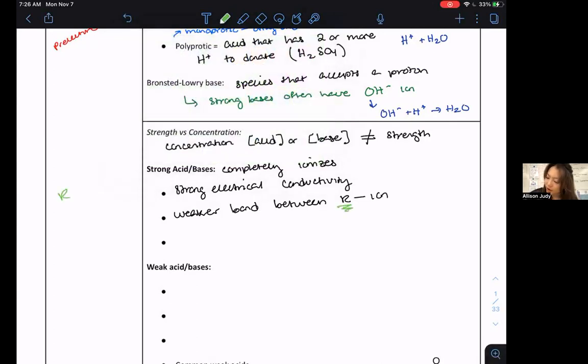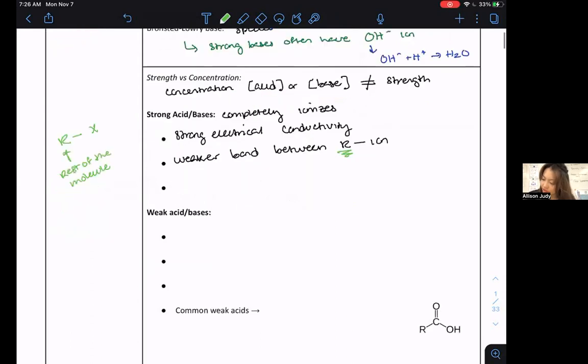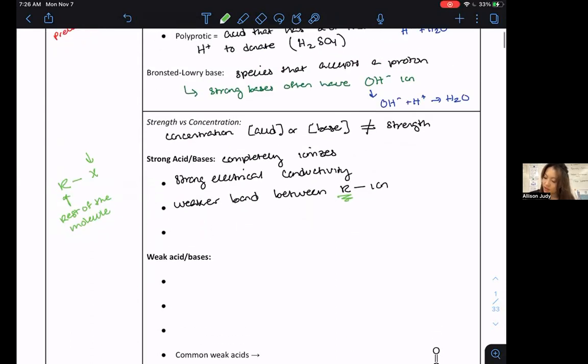Oftentimes when we write R and then some structure, what we say is that R is the rest of the molecule, and this is the important structural group that we focus on.